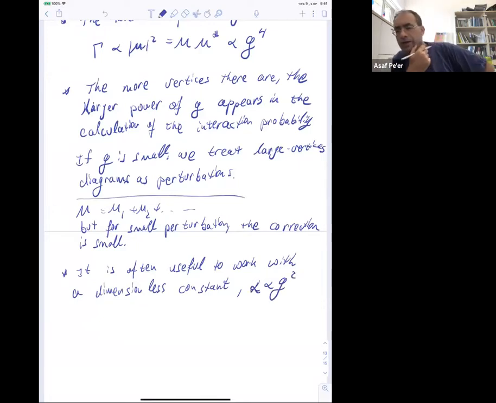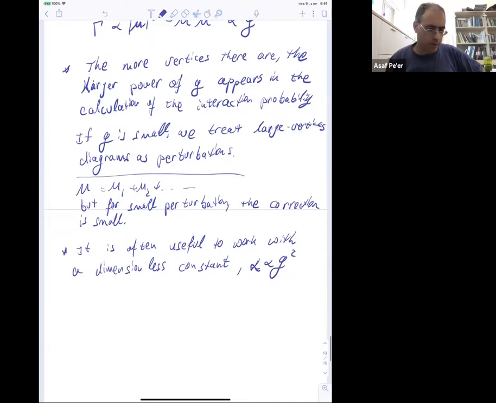Now for the electromagnetic interaction, this is something which you're quite familiar with, or at least you've heard of. This is known as the fine structure constant. I should just say that, interestingly, in the literature alpha is also known as the coupling constant.